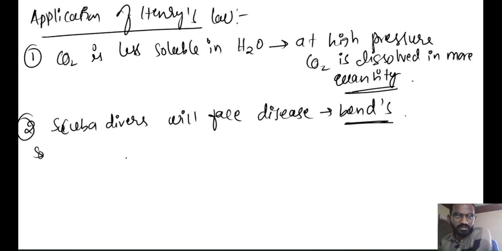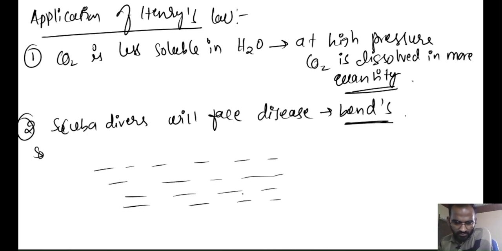What is it? See, when they go inside, this is the sea. Okay, listen carefully. Now a scuba diver is taking an oxygen cylinder and going down into the sea. When he is here, the pressure will increase, yes or no, because of the water above him.